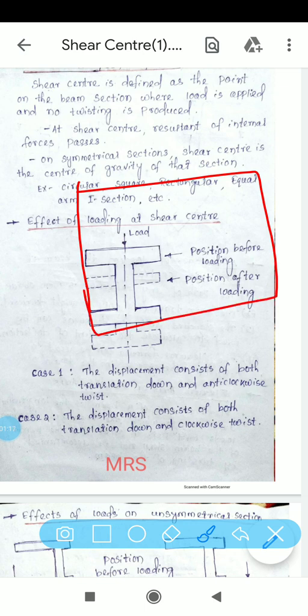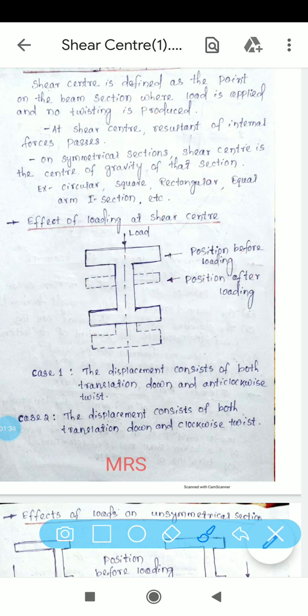For example, a symmetrical section. This one is a square section, and a square section is a symmetrical section. Then you apply some load here. This point is known as the CG of the section, and this point is also known as the shear center C. For a symmetrical section, you just remember that the shear center is the center of gravity of the cross section.